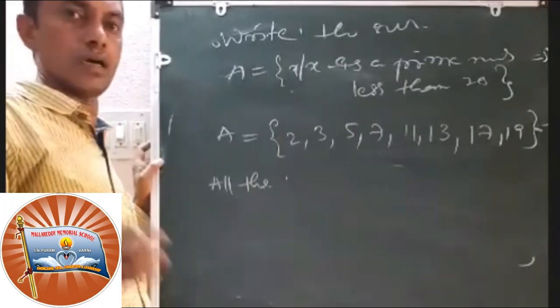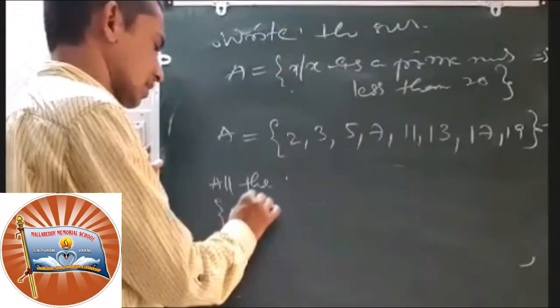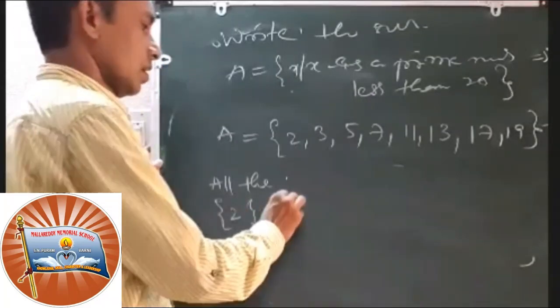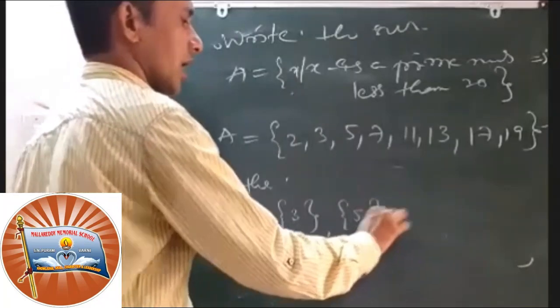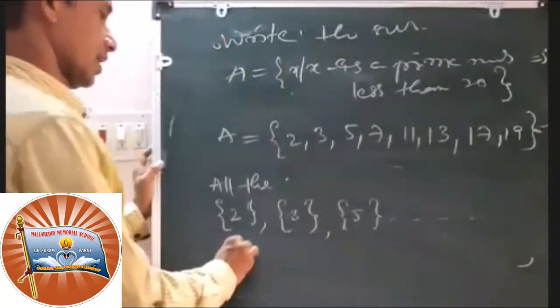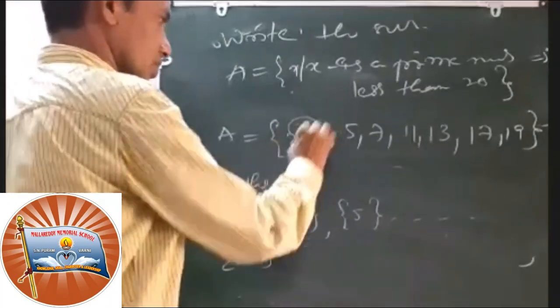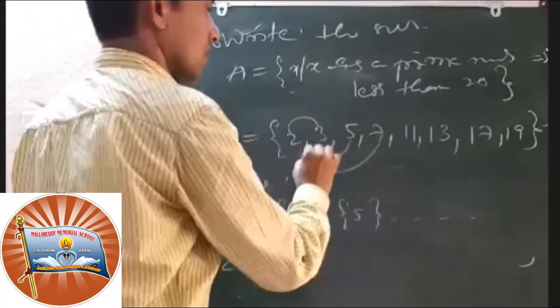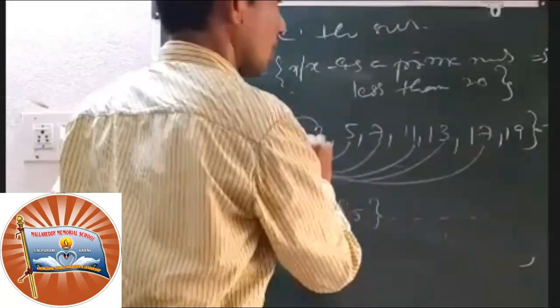You should have a clear concept of the subset. So now each and every single element is a subset. Like that, these are all the subsets. And again, you can combine 2, 3, 2, 5, 2, 7, 2, 11, 2, 13, 2, 17, 2, 19.